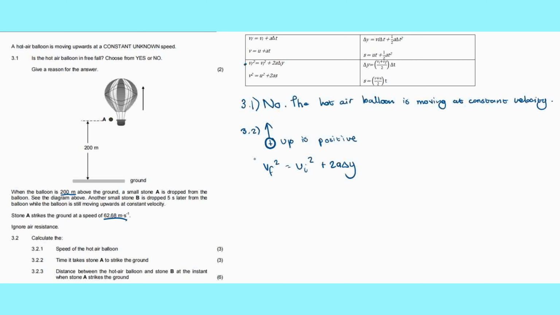Because we've chosen up as positive, this final velocity is going to be negative because stone A is traveling down, which is the opposite direction of our chosen direction convention. So this is actually going to be negative 62.68 meters per second.